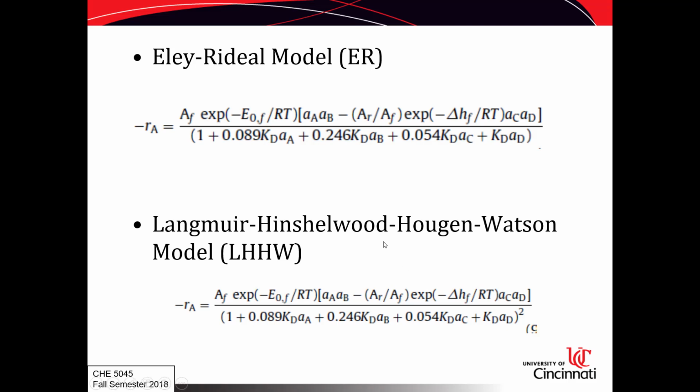They also fit their data to the Langmuir-Hinshelwood model, which is also the Langmuir-Hinshelwood-Hougen-Watson model. And you can see that the difference between this and the LHHW ideal model is just that the value of beta is 2 instead of 1.